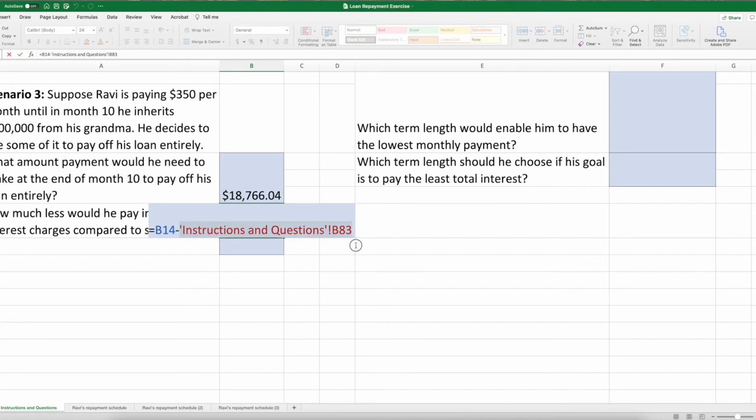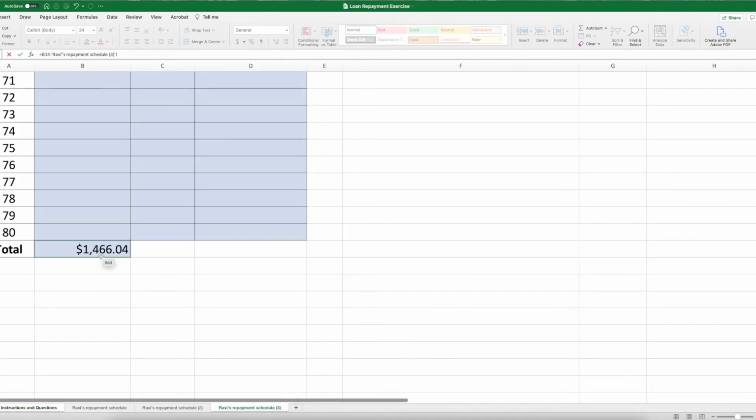Okay, I didn't like that. It didn't calculate it properly. Okay, so I'm just going to memorize this and type in there $1,466.04.